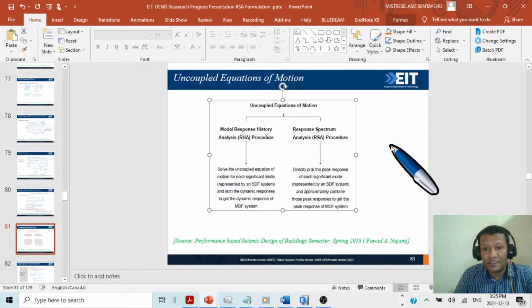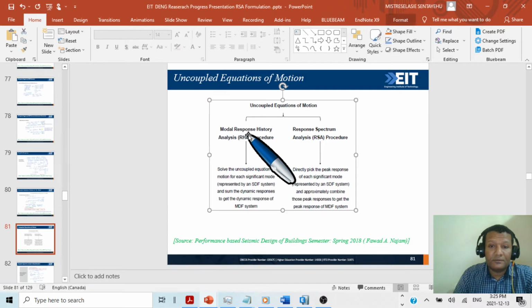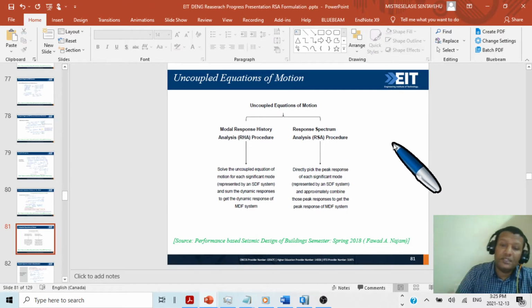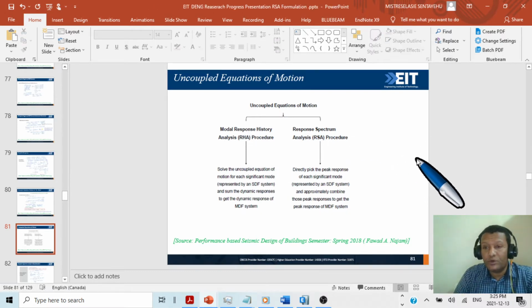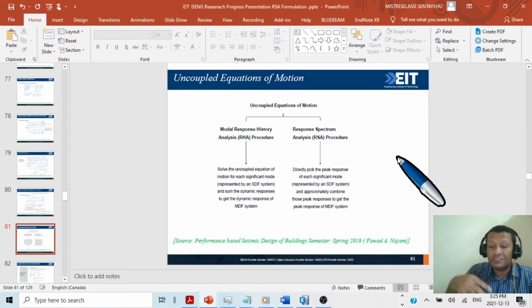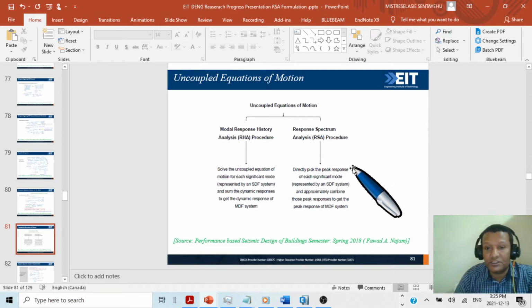As you can see, this is almost approximate, because we can consider only the first 3 modes or so. As per the code, only 80% or 90% modal mass participation is required. No need to add up 50 or 100 or thousands of modes of response of the structure.